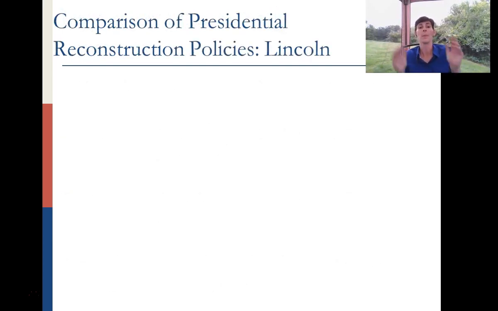All right, so, comparison of the presidential plans. We're going to start with Lincoln since he was president first. But it should be noted, his plan was never enacted because he was assassinated before it could be. But we're going to take a look at what he proposed. He wanted a middle ground. He wanted to compromise. He did not see any benefit in dragging out the reunification any longer than it had to be.